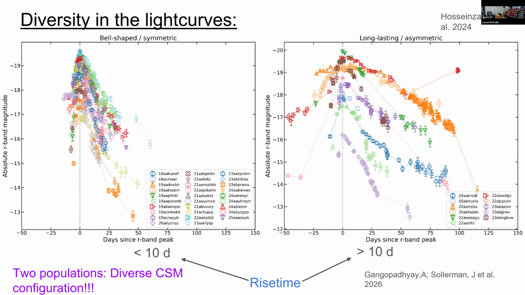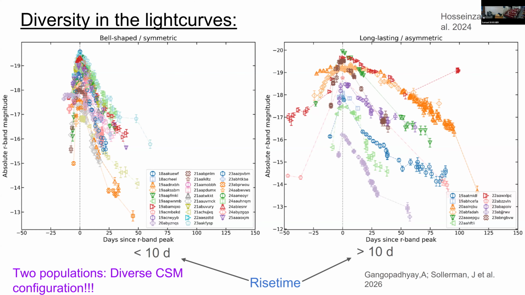So if you look into the light curve space, if you separate the population based on the rise times of these supernovae, you find on the left that there are these beautiful bell-shaped symmetric light curves, while on the right, you see the ones that have this precursor activity, weird bumps towards the decline.